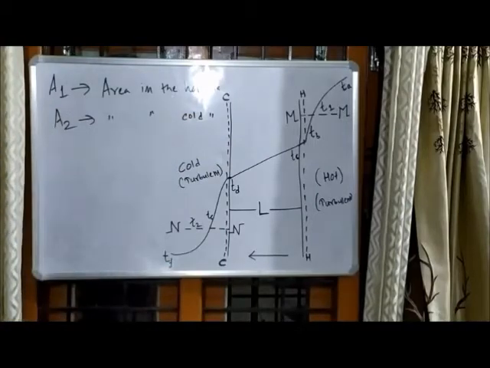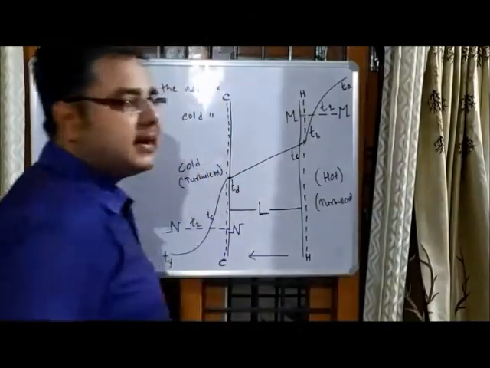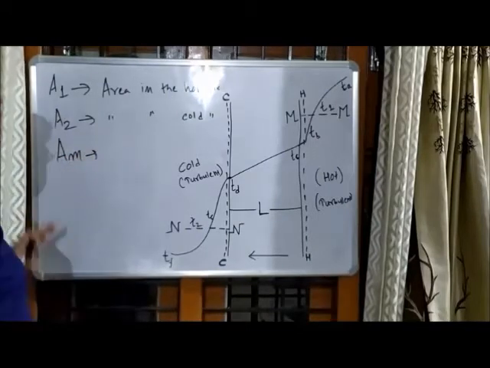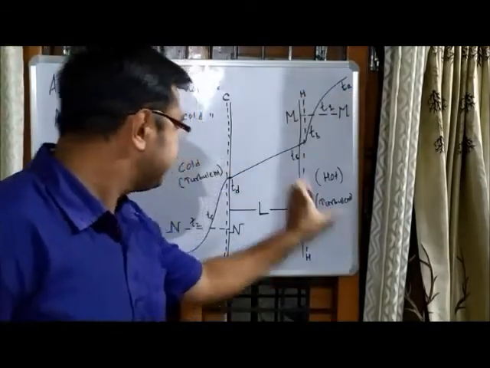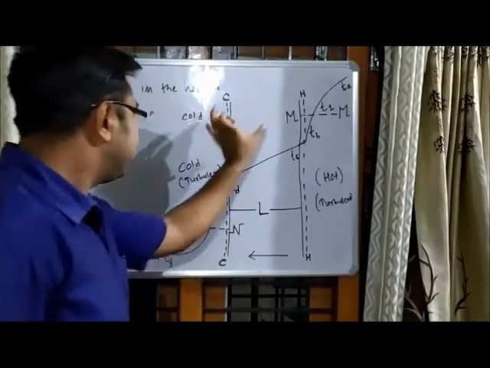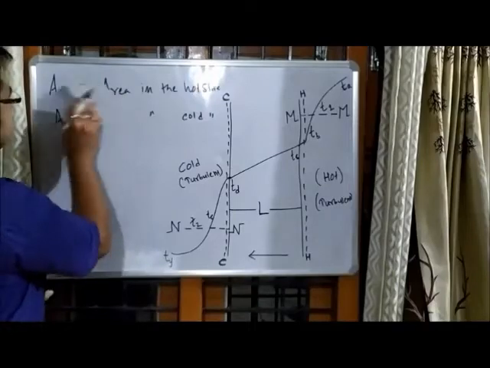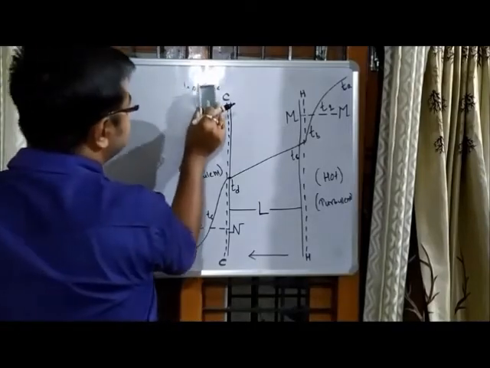Moreover, the average area of the metal will be regarded as AM. So A1, this area, A2, this area, AM, this area. Now, as we have already discussed the film coefficient, what is the film coefficient?